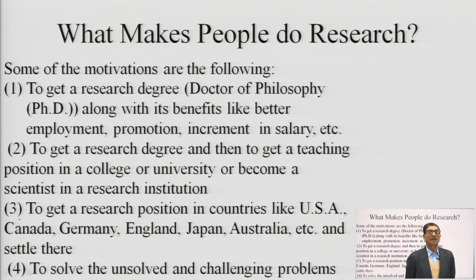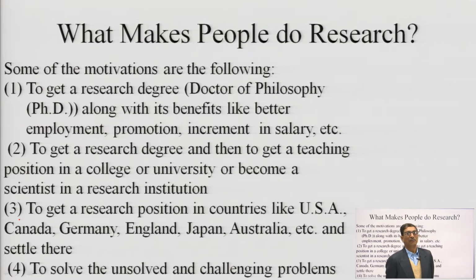This is the main motivation for which people do research. Second, to get a research degree and then to get a teaching position in a college or university, or become a scientist in a research institution.